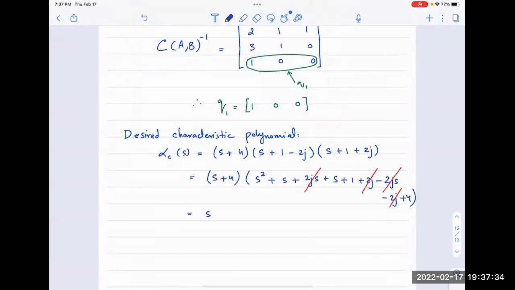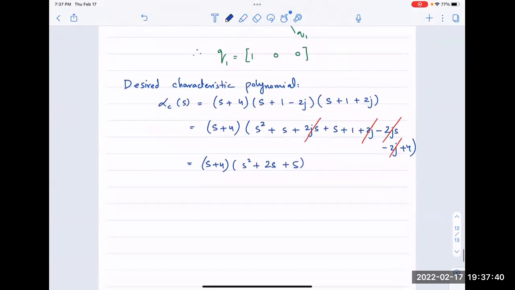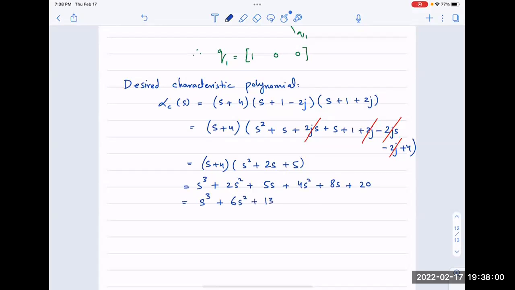So we are left with S plus 4 times S squared plus 2S plus 5. So it turns out to be S cubed plus 2S squared plus 5S plus 4S squared plus 8S plus 20. And essentially it is S cubed plus 6S squared plus 13S plus 20.